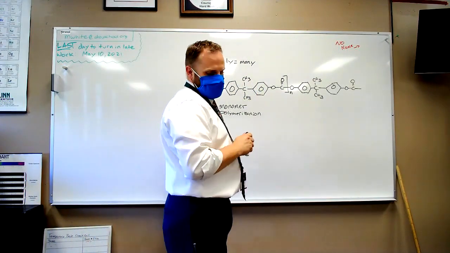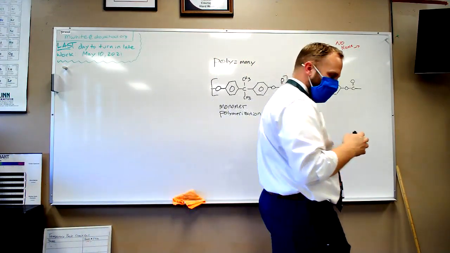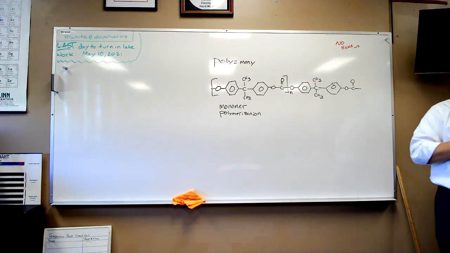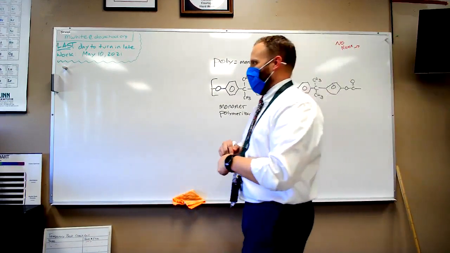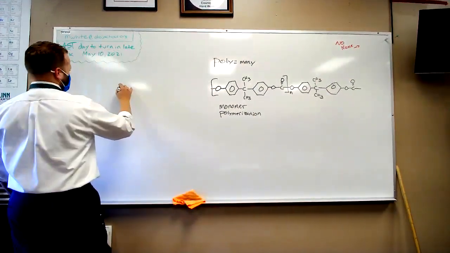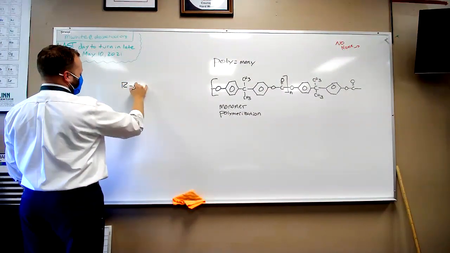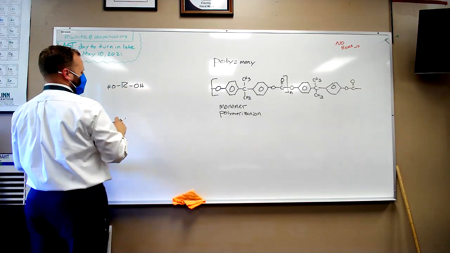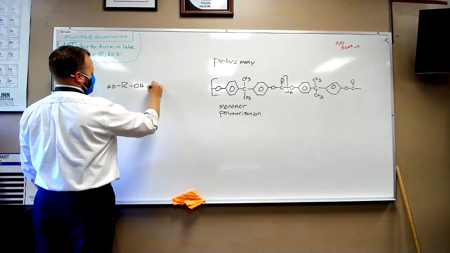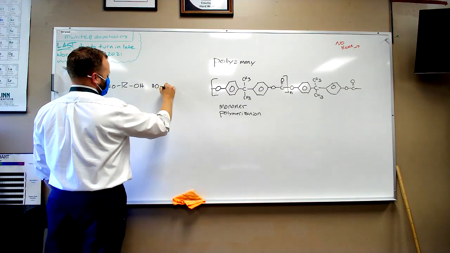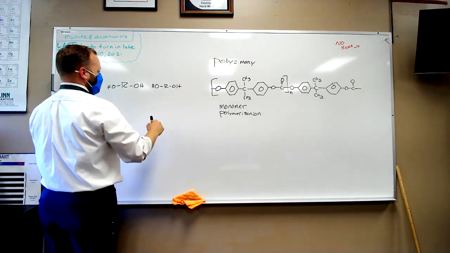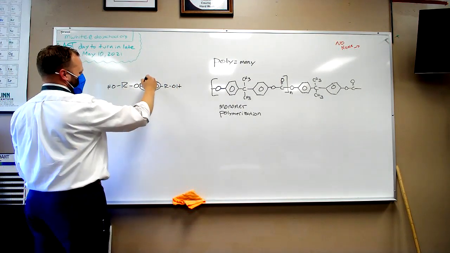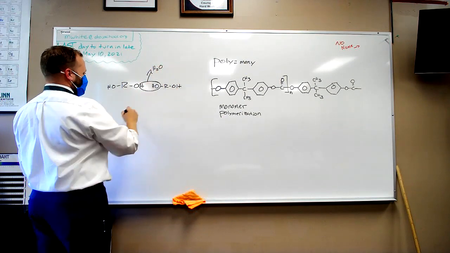And that is basically if we have two things that come together, often what's going to happen is, we have hydroxyl groups on both sides. And so what's going to happen, we get that leaving as water.